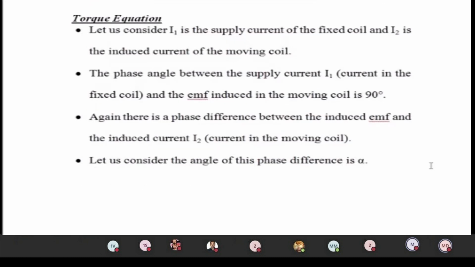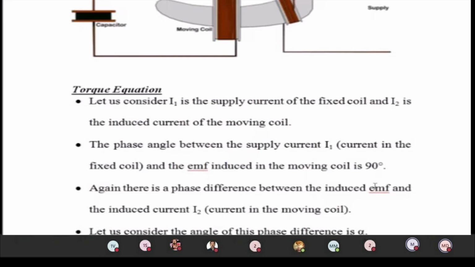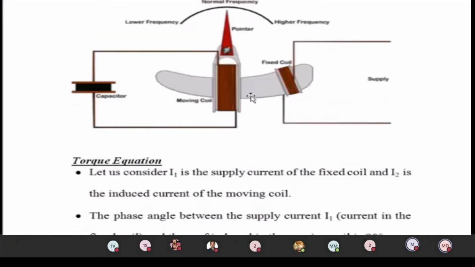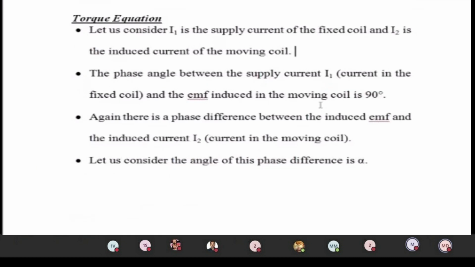Third assumption: the phase angle between the supply current I1 and the EMF induced in the moving coil is 90 degrees. As I said, the EMF induced in the moving coil lags the flux in the fixed coil by 90 degrees. That is mentioned here.